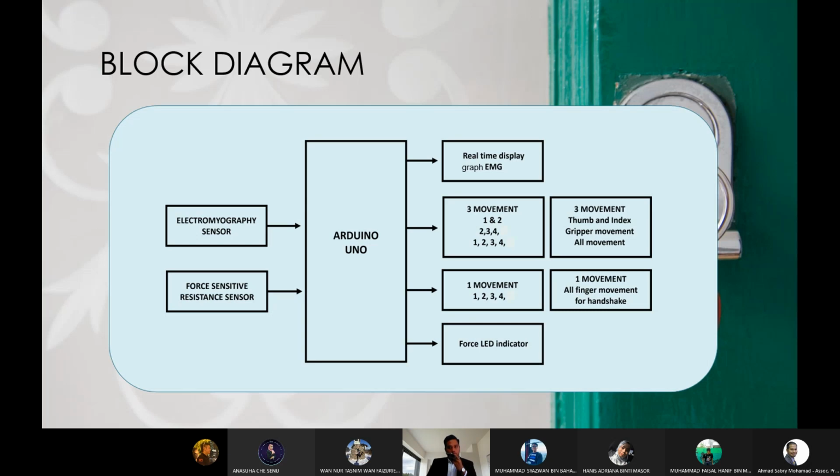Motors 1, 2, 3, and 4 are the motor movement. The three movements are thumb and index, gripper movement, and all movement, which is motor 1, 2, 3, and 4. The movement will be all finger movement for the handshake pattern.